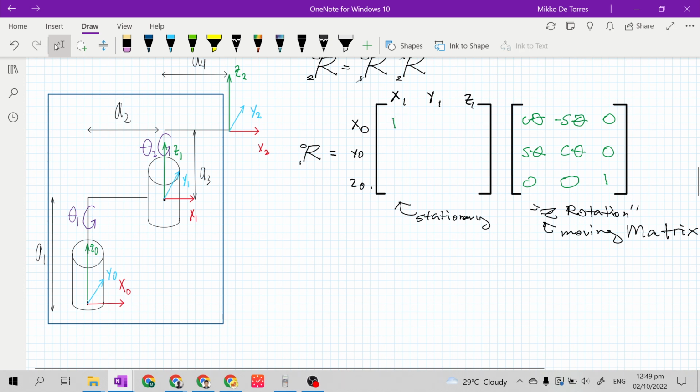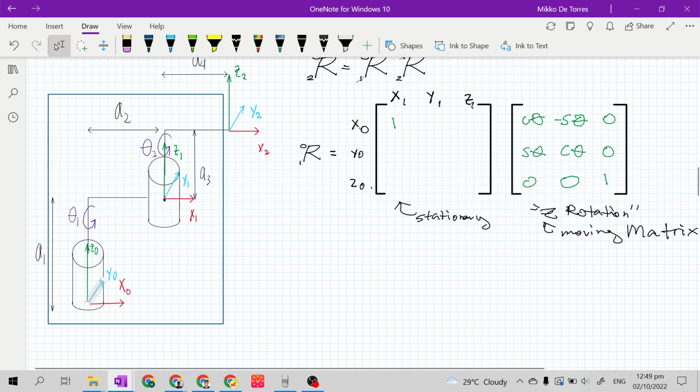Next, let's see the projection of x sub 1 on y sub 0. x sub 1 is in the right direction. y sub 0 is in the back direction. So they are perpendicular to each other, so there will be no projection angle between them.